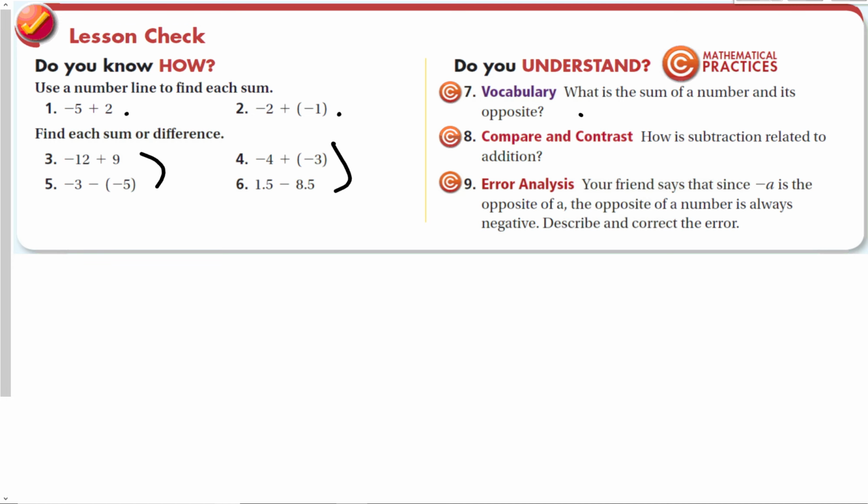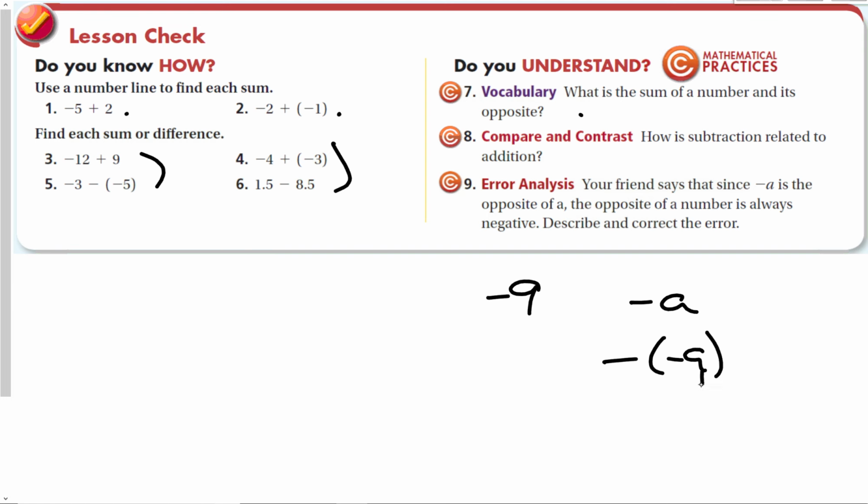Number 9, however, says your friend says that since negative a is always the opposite of a, the opposite of a number is always negative. The error with this is that what happens if I start at negative 9? Well, then the opposite of that number is still negative a. It's just negative 9.